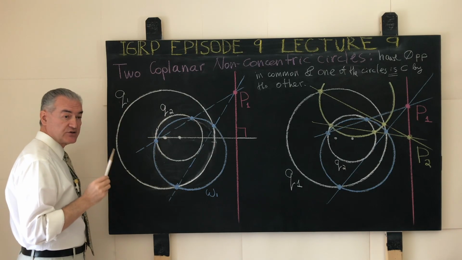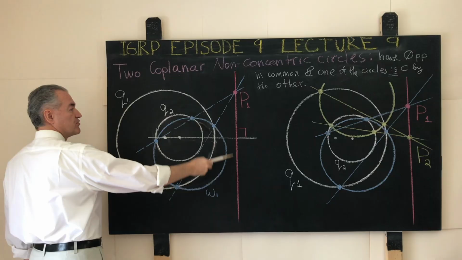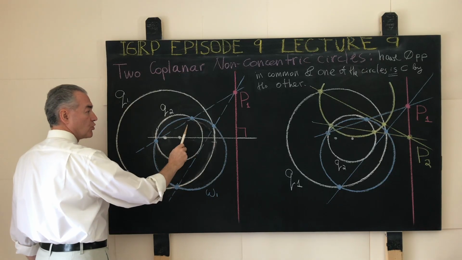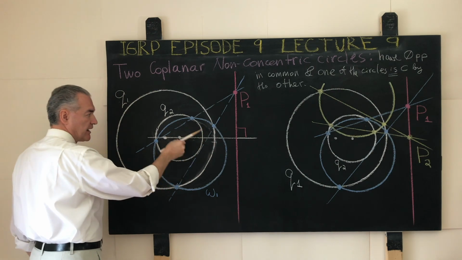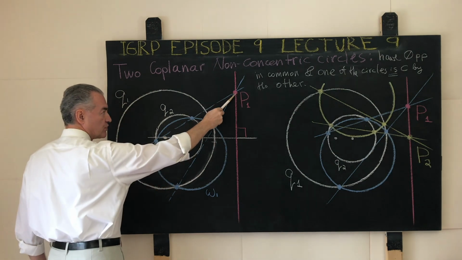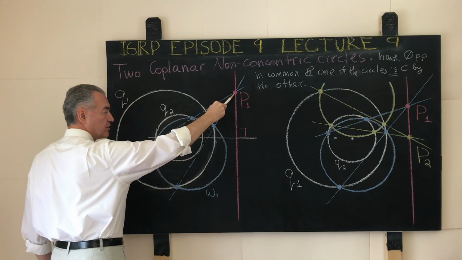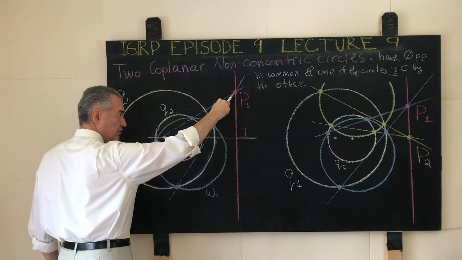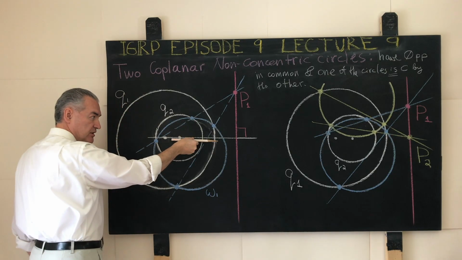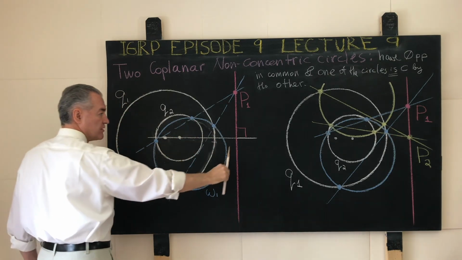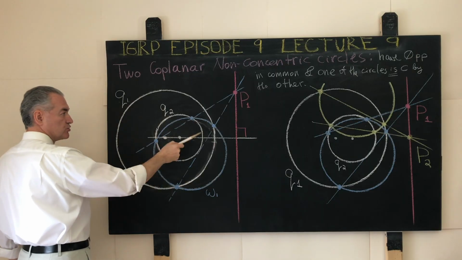That is how we do it. That is one option: an arbitrary helper circle that intersects both circles, giving two auxiliary radical axes. The point where they intersect is the point that we need, and through that point we construct a perpendicular red straight line to the straight line of centers. Boom, this is the radical axis of these two circles in this case.